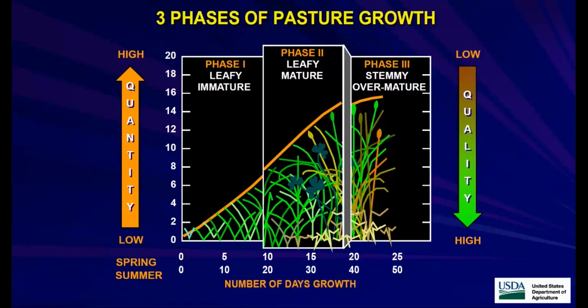And so to get to that leafy mature phase where we want it to be, instead of only taking 15 days like it does in the spring, it's going to take about 30 days in the middle of the summer. And so our planning for that needs to take into account that the amount of time it takes for our pastures to regrow is going to be almost double in the summertime what it was in the spring. So hopefully that makes some sense for those of you that are watching.